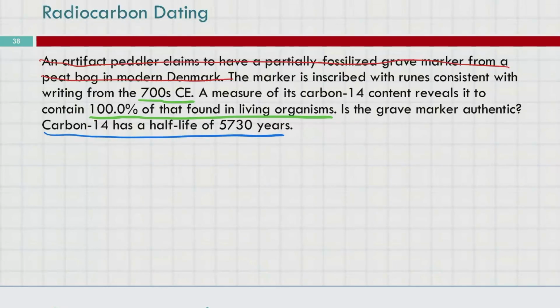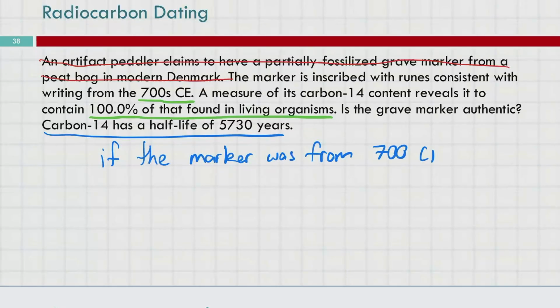And carbon-14 has a half-life of 5,730 years. If the marker was from 700 CE, would we expect it to have the same carbon as living organisms?